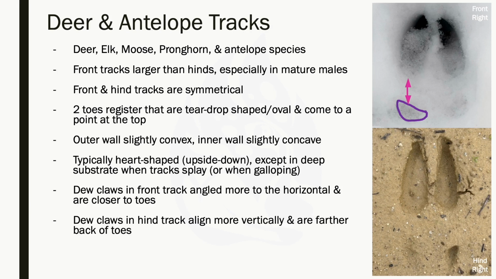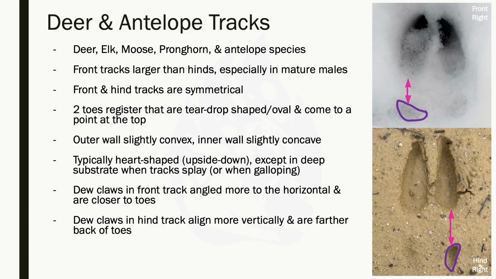Okay, if we look at the hind track here, we're going to see that the dew claw, first of all, is oriented more to the vertical, and you can see a clear difference between that and the front track. Okay, but also we can see the distance is greater from where the toe ends to where the dew claw starts.